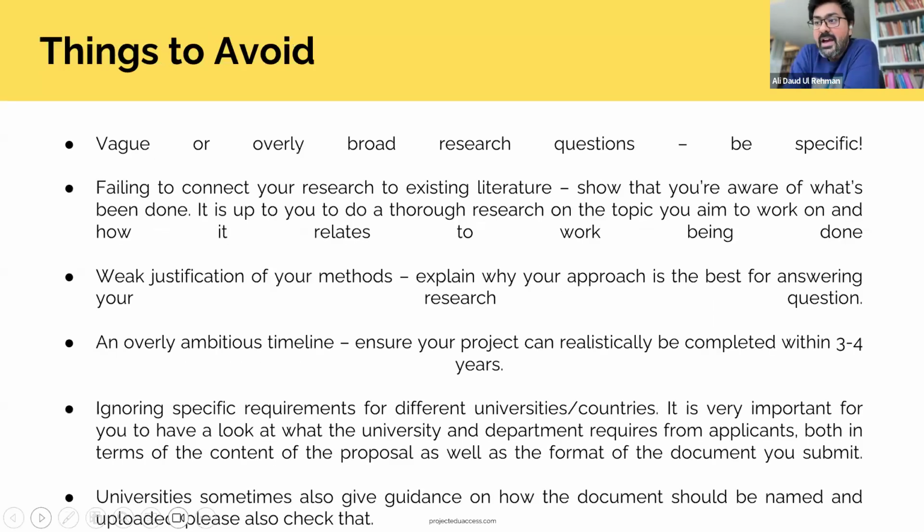Things to avoid. Vague or overly broad research question. Be specific, be very specific, and I cannot stress this enough. You also need to think about the language of your research proposal and abstract. Try writing your abstract in a more simplified way than your research proposal, because the research proposal is usually read just by experts of the field.